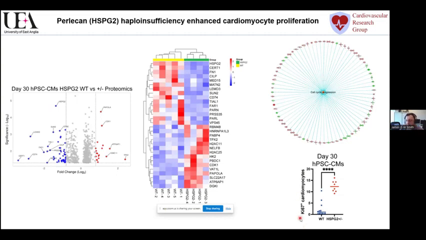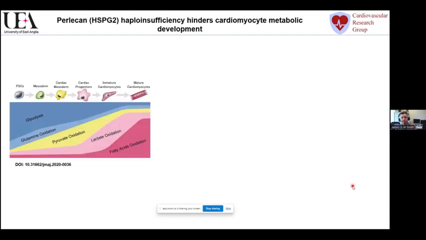So we did Ki-67 staining to mark the proliferative nuclei within the cardiomyocyte population, and we saw in the wild type cells at day 30, there were relatively few proliferative cells in the population, but in the Perlecan knockdown, there was significantly more. So this transition to the non-proliferative state seems to have been hampered by the knockdown of Perlecan, further supporting the signaling role of Perlecan in this maturation progression.